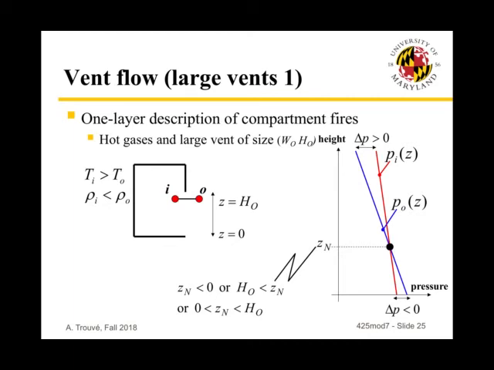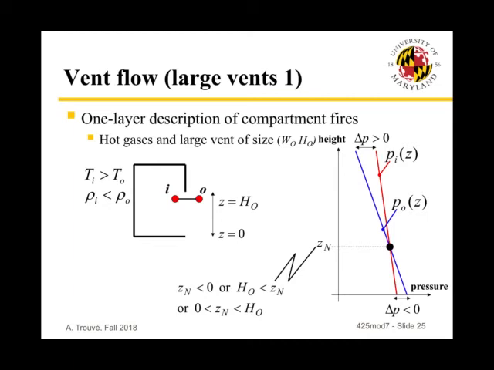I'm going to look at a large vent, and this vent has a width WO and a height HO. And this vent, as far as elevation goes, starts at z equals 0. That's the floor. That's where we have the sill of the vent. And the soffit of the vent, the maximum elevation of the vent, is at HO. Again, capital O for opening.